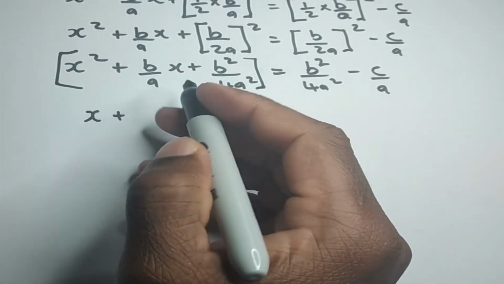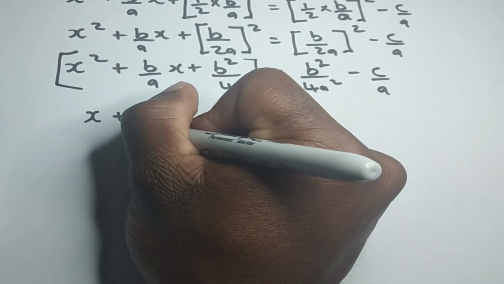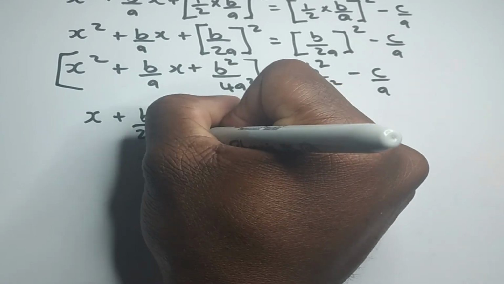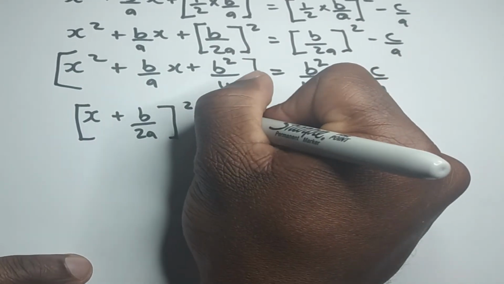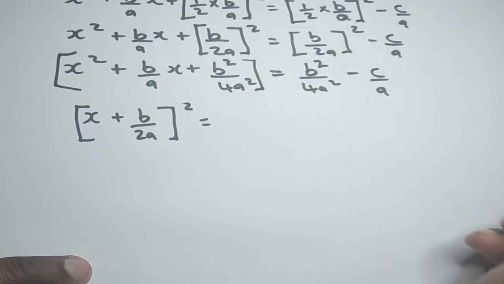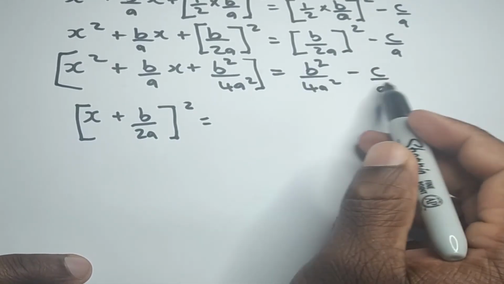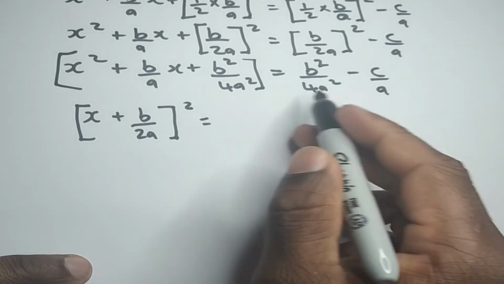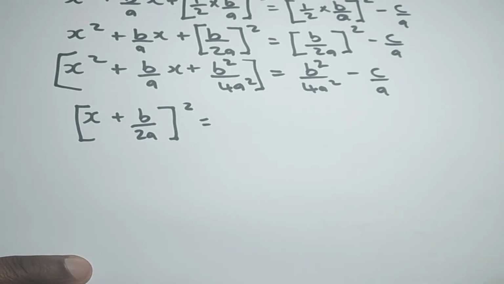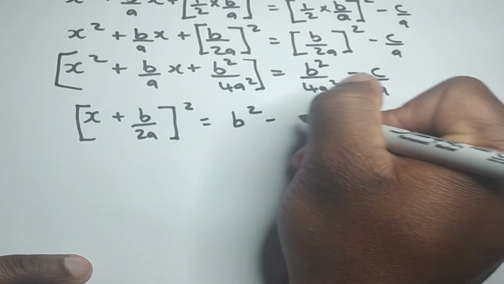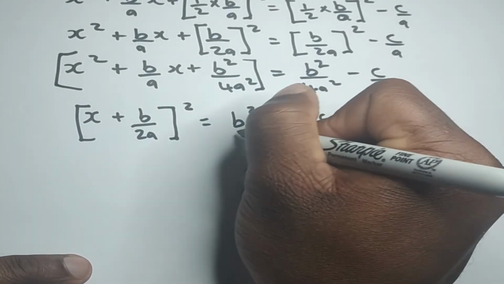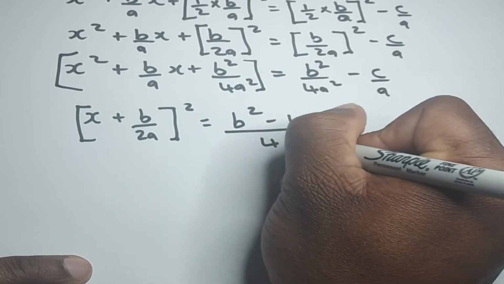Half of b over a is b over 2a, and we have to square this. And this is equal to b, where I'm going to make this one denominator, one fraction. So this works out to give us b squared minus 4ac over 4a squared.